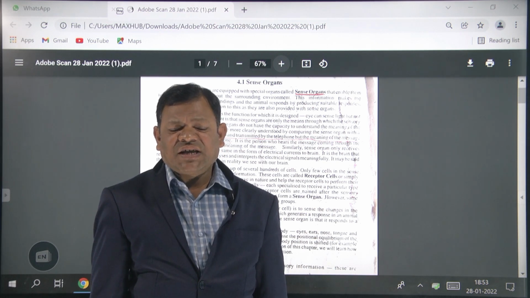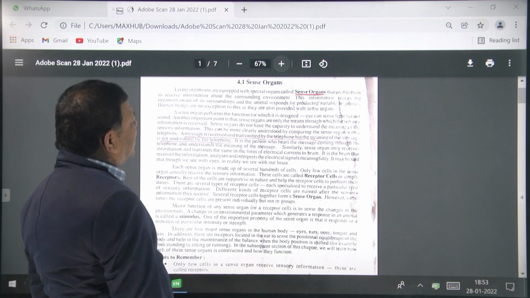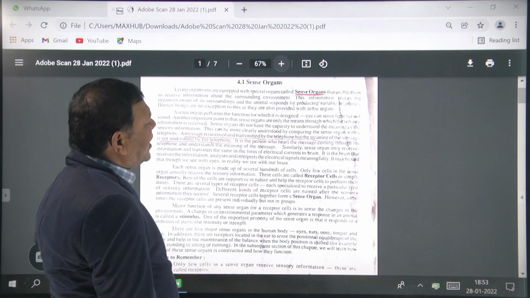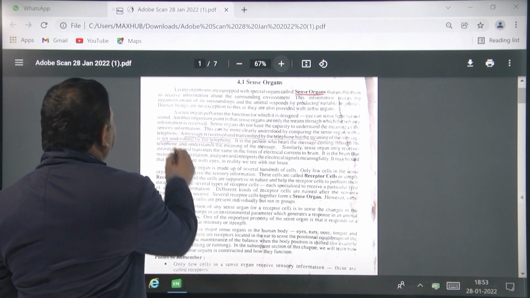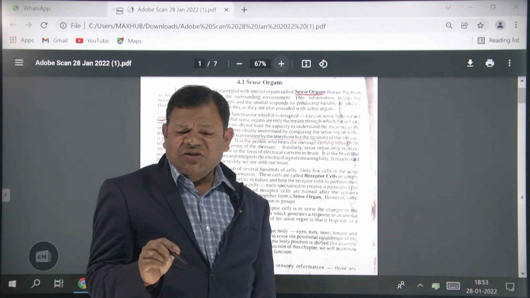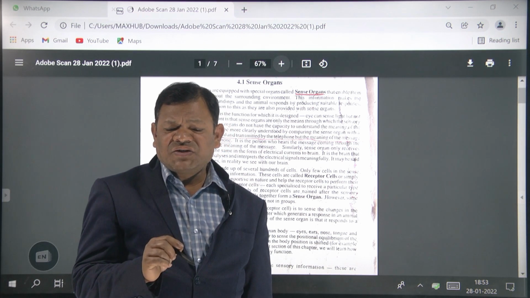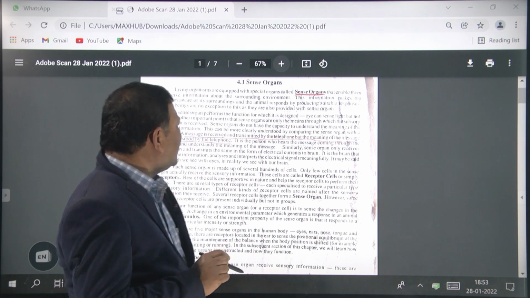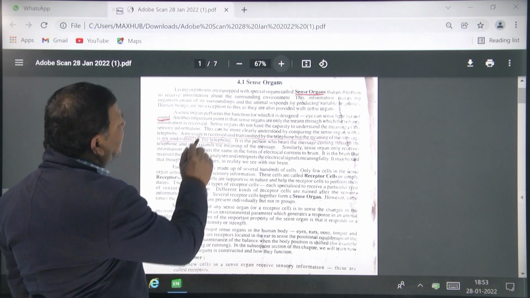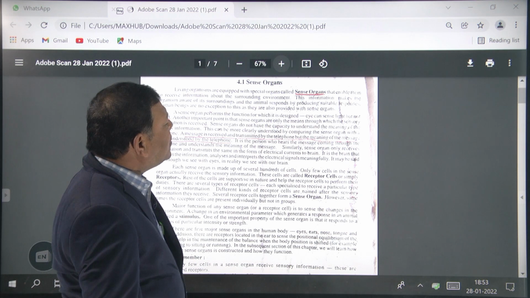What is the use of the skin? To identify touch. So that means I can sense light but not sound. Only the function allotted to an organ is done by that organ; it cannot do another function.